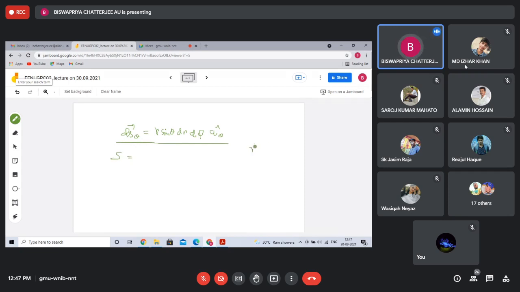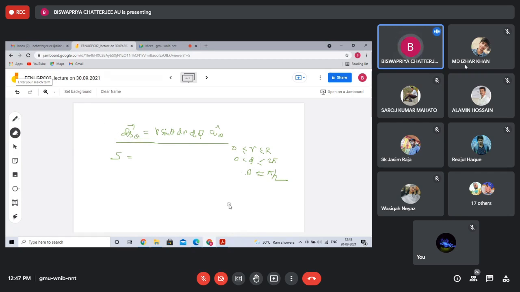I give you the range of r, this, phi is this, and theta is constant here, let us say pi by 2, because it is a theta constant surface.